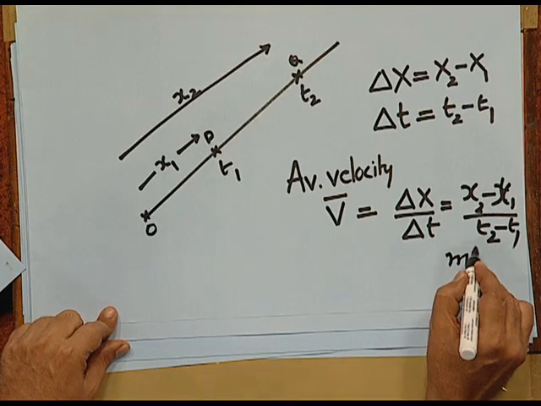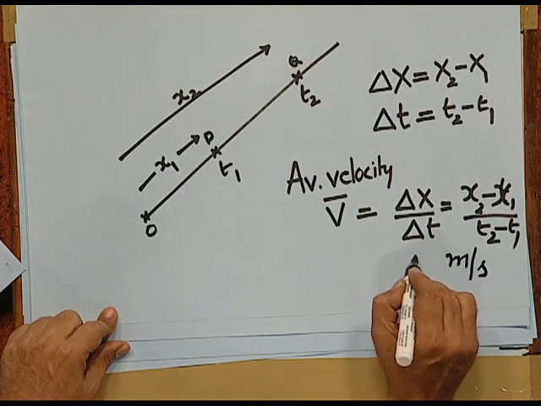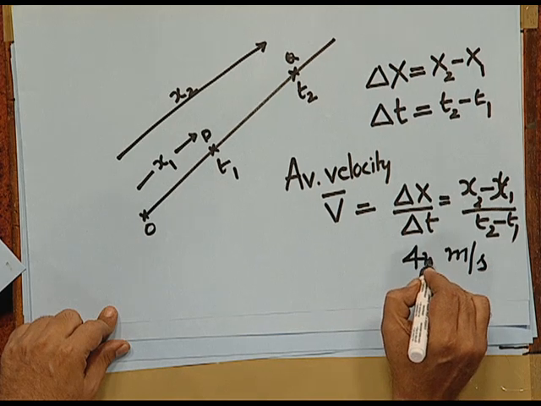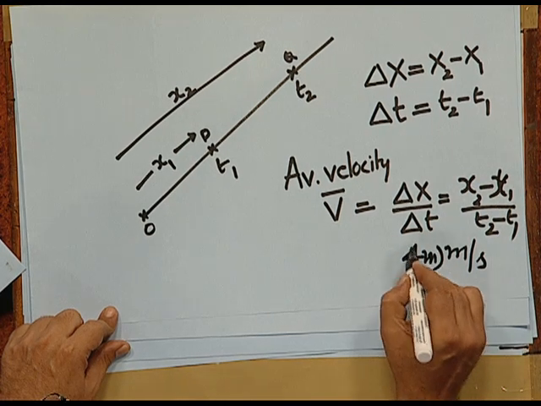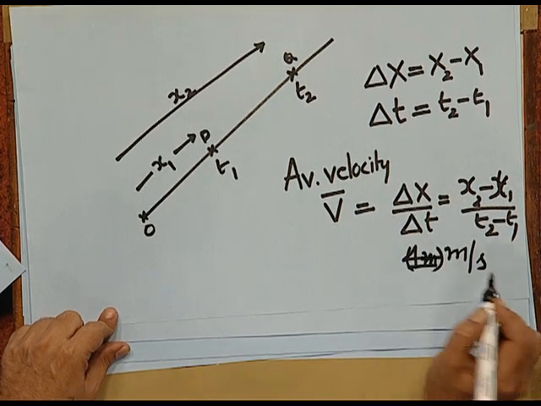The unit of average velocity is simply meter per second in SI unit. For example, when we say an object is having 4 meter per second as its velocity, what we mean is in every second interval of time, the displacement is 4 meters.